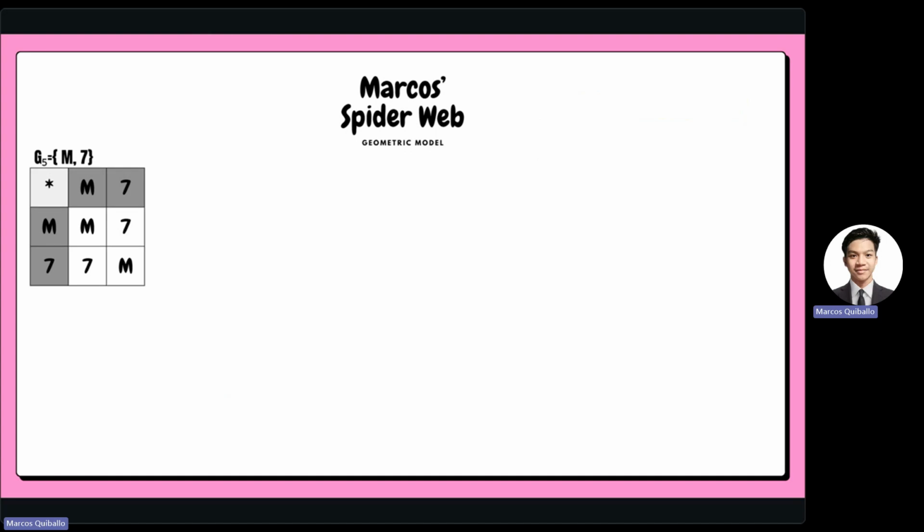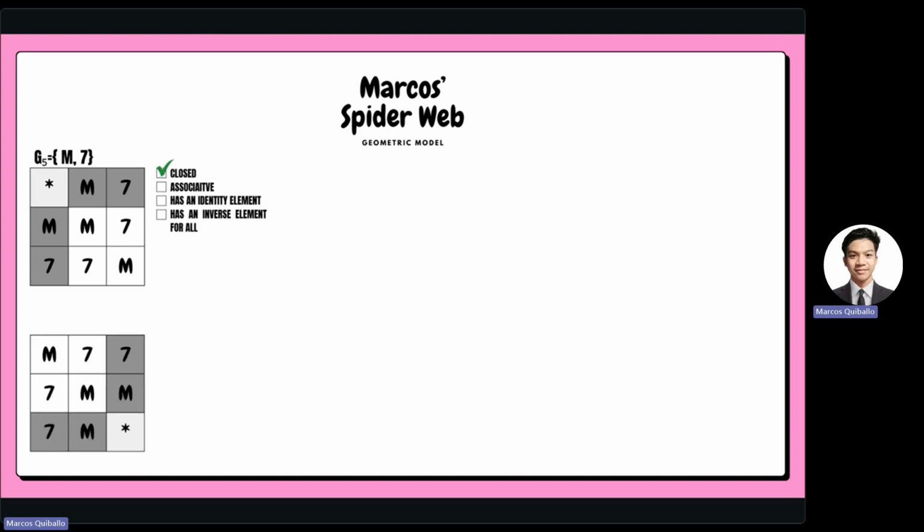Next, G sub 5. It is closed because all the outputs are within the set G5. It is also associative because when we rotate 180 degrees, the resulting elements are also the same.